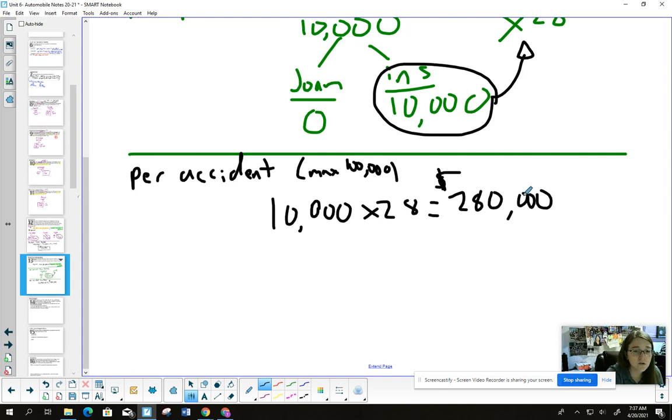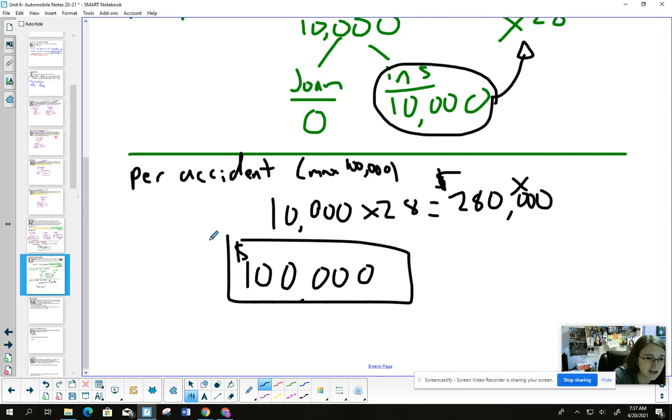Nope. That goes over the maximum that they will have to pay. So because that goes over the maximum, what they will pay is just the maximum. $100,000 is our answer. If you need to write down here, because the total exceeds the maximum.